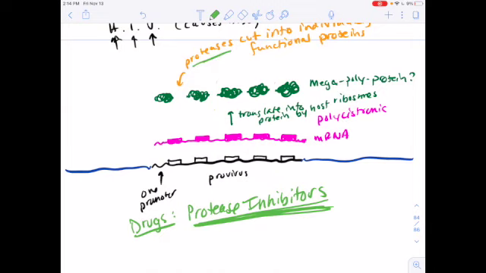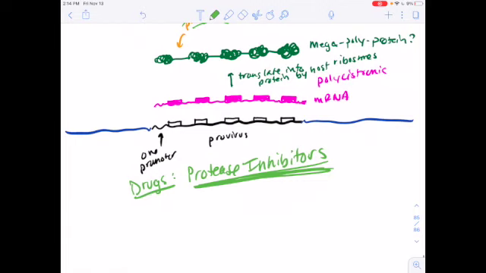They stop the proteases from cutting that mega polyprotein into functional proteins. Protease inhibitors stop that from happening. Protease inhibitors have been a game changer for the health of those who are infected with HIV. Game changer.